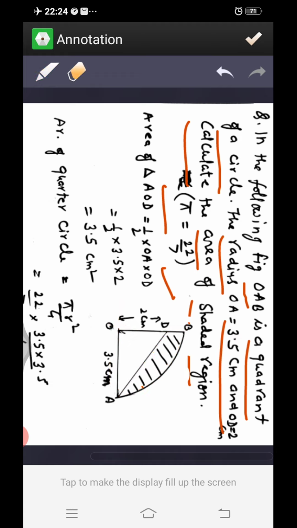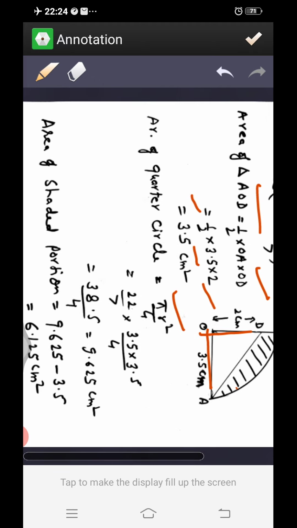So now area of triangle AOD, how we will get area of triangle AOD? That will be half of OA into OD. So we get 1 by 2, OA 3.5, OD 2, 3.5 centimeter square. Then area of quarter circle, that is pi r square upon 4.